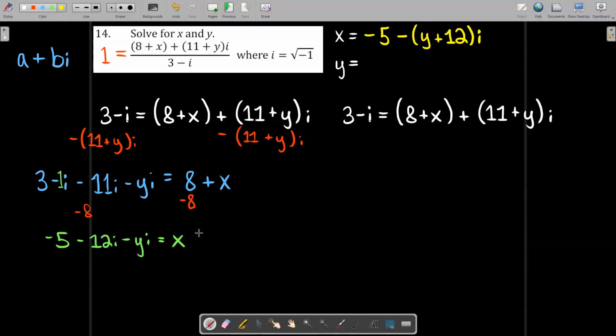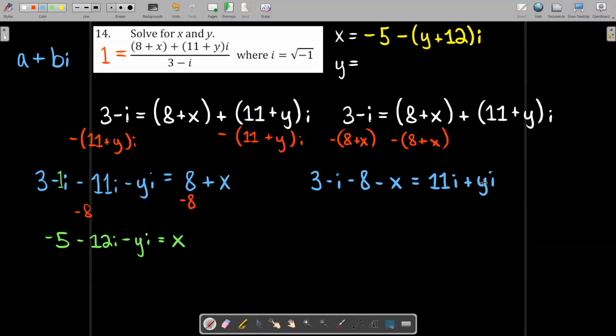Okay. And now let's go ahead and do the same thing, but this time find our y value. So in order to do that, I'm going to have to subtract the 8 plus x from both sides. I'll go ahead and distribute the negative sign. I'll go ahead and distribute my i as well when I rewrite this equation. So this would be 3 minus i minus 8 minus x equals 11i plus yi.